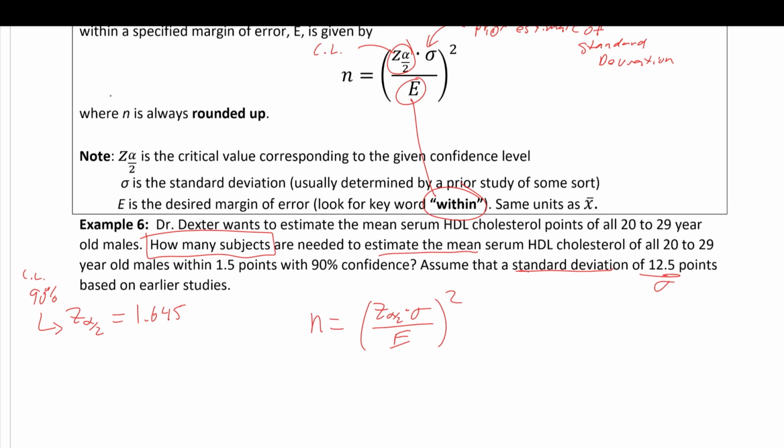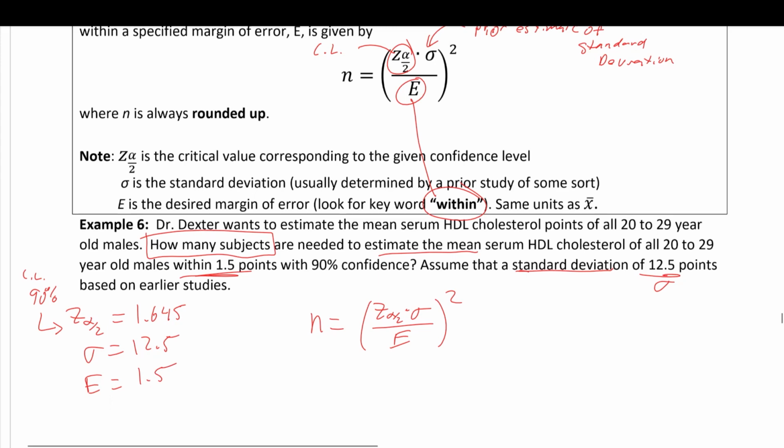This is one of the common ones. So any confidence level that has to do with 90% when dealing with normal distributions, which in this case a z-score is a normal distribution, it'll be 1.645. Standard deviation was given to us as 12.5. And then the margin of error, in our case, they're saying we want this to be within 1.5 points.